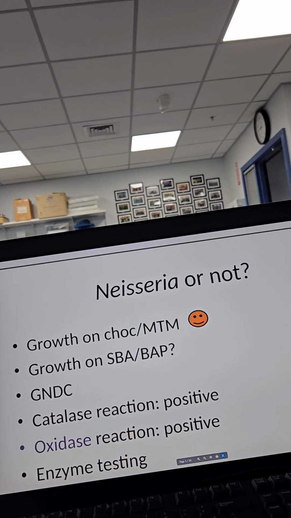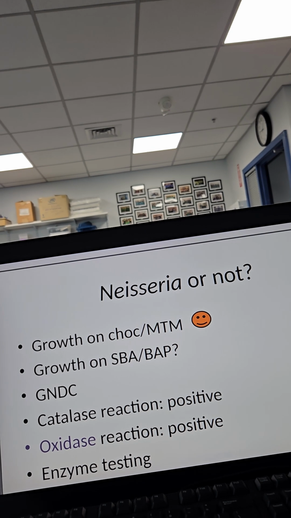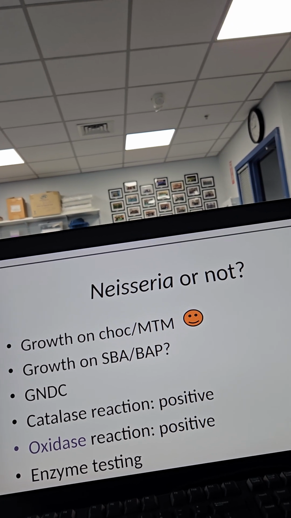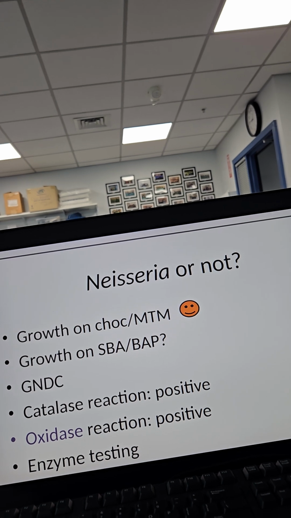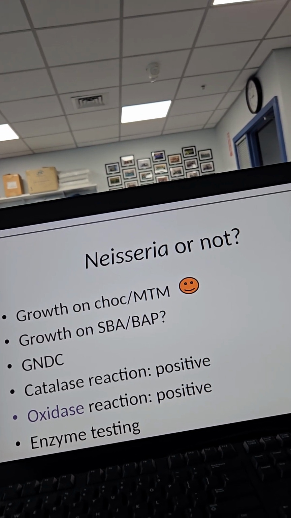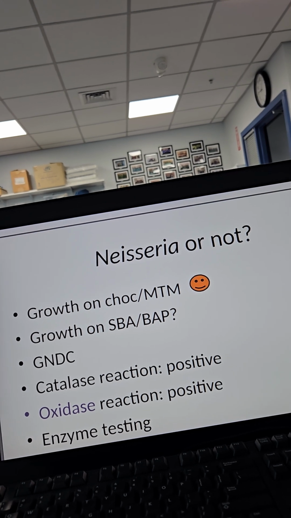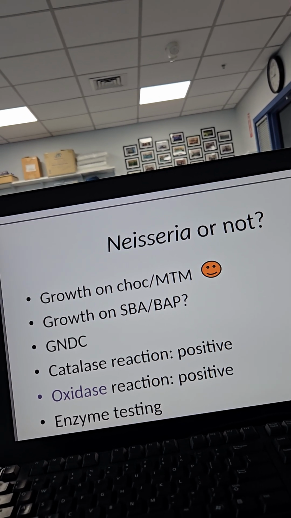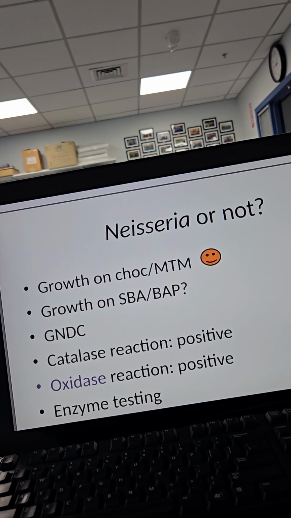Did it grow on your sheep's blood agar plate? Here's where things happen different in Mrs. Murray's lab. All of your Neisseria are supposed to grow on blood agar except for Neisseria gonorrhoeae.